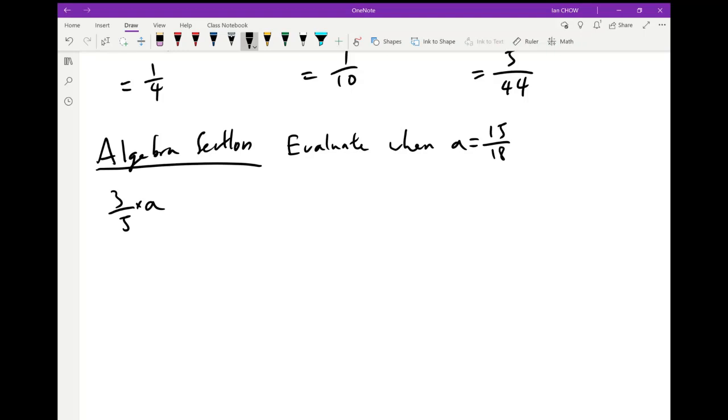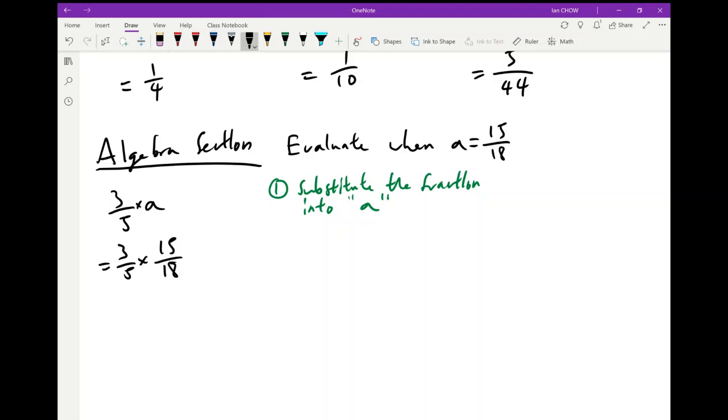So what we do first is substitute the fraction into a. This becomes 3 over 5 times 15 over 18. And then next, step 2 is we simplify and evaluate.